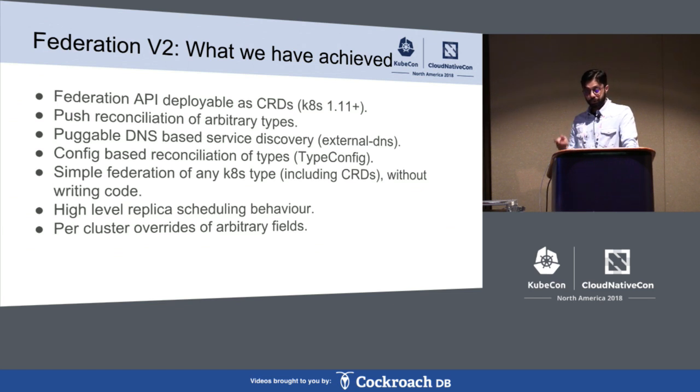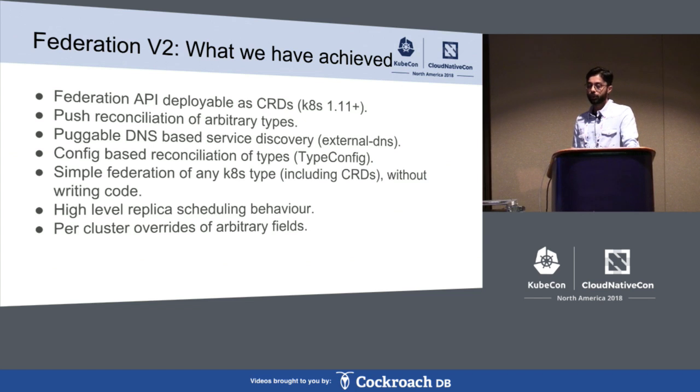We have a push reconciliation for any arbitrary K8s type. In terms of higher level features, we have a cross-cluster pluggable DNS discovery, or what we also call a service discovery mechanism across multiple K8s clusters.